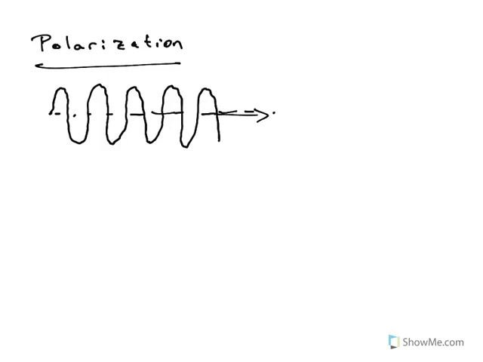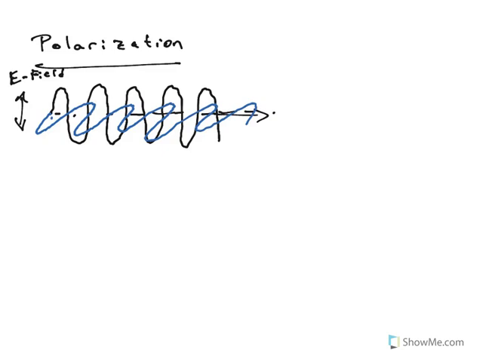So the electric field oscillates up and down. However, the magnetic field also oscillates, but instead of oscillating up and down, it's going to be perpendicular. So let's say it's front to back kind of a thing. Now, unfortunately, I'm not very good at drawing this too well, but hopefully you can kind of get a sense of this.